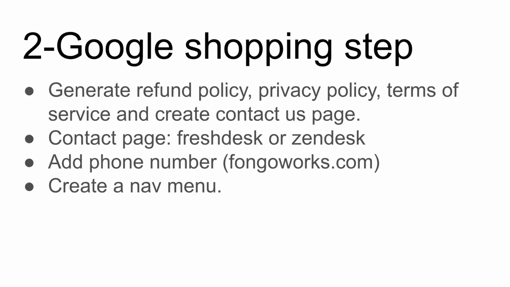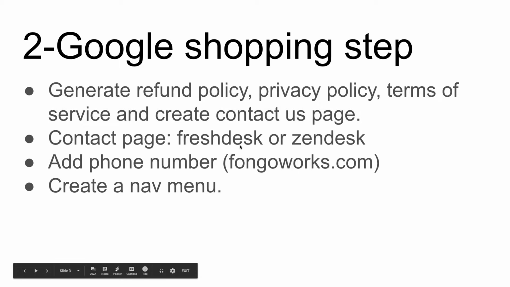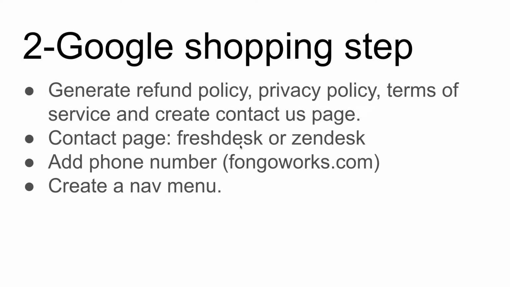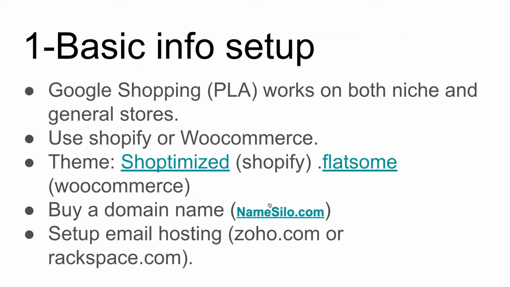It is an obligation. For the contact page, I like to use Freshdesk. I will show you how to embed the contact page code directly from Freshdesk or Zendesk. Add a phone number to the shop. You can buy a phone number from PhoneGoWorks. It's $2 a month. And create a nav menu at the end of this course.